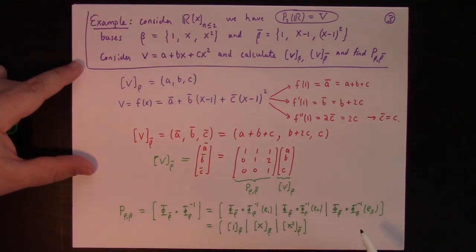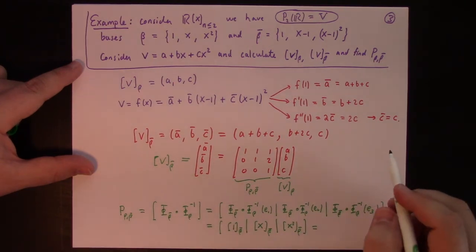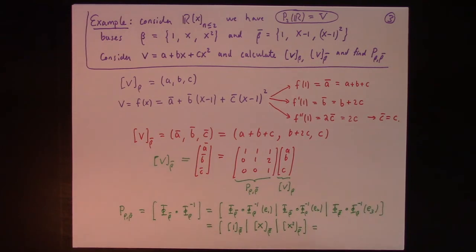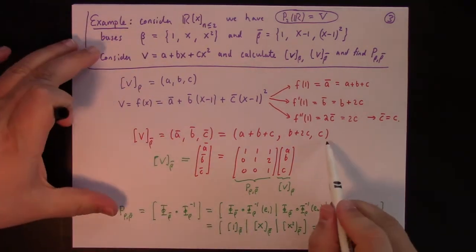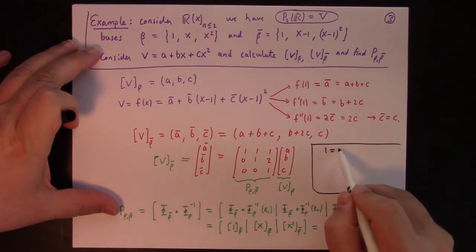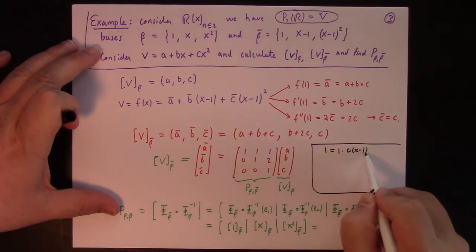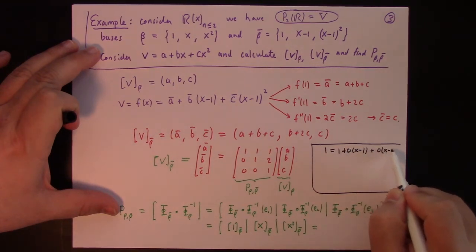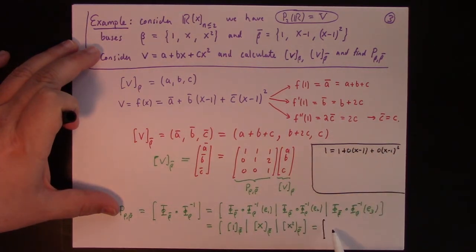So the question reduces to how you write 1, x, and x squared in terms of the beta bar basis. Obviously 1 is equal to 1 times 1 plus 0 times x minus 1 plus 0 times x minus 1 squared, so that puts 1, 0, 0 for the first column.